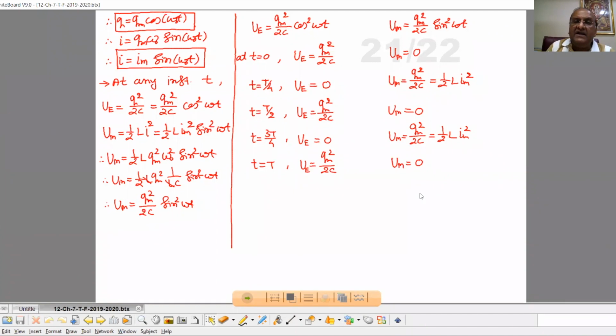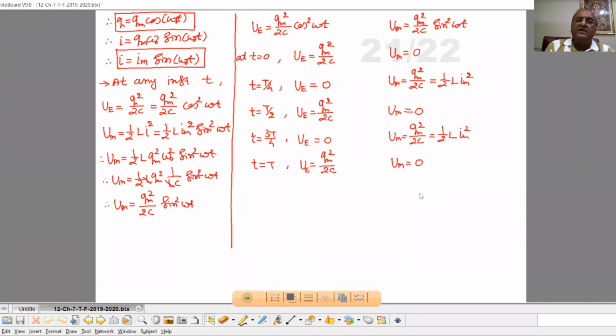Here, the idealistic situation is obtained, means there is no resistance of the inductor considered. It implies that the dissipation of energy in the form of heat is zero.